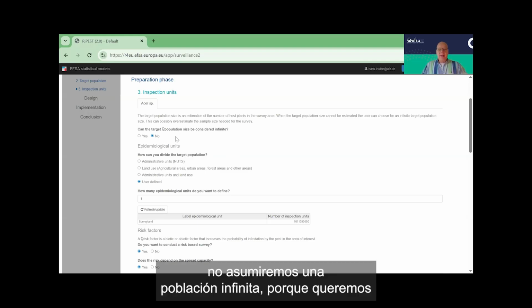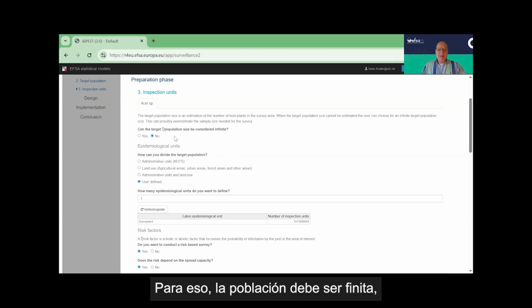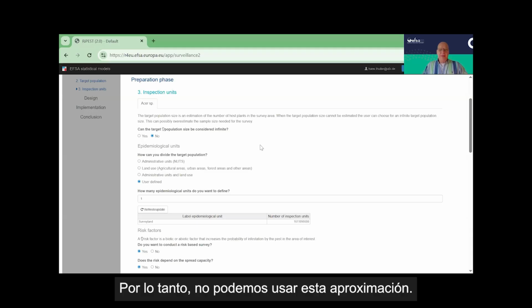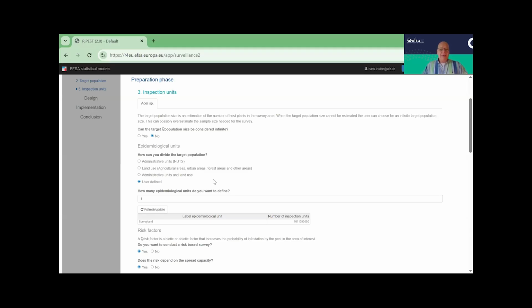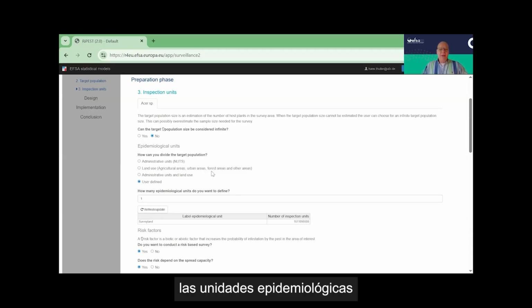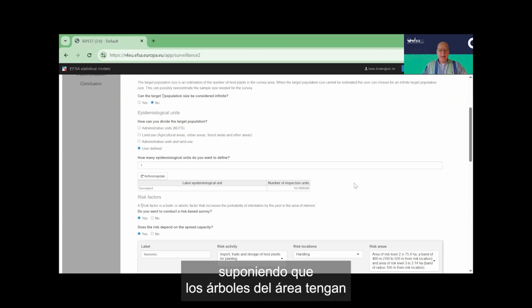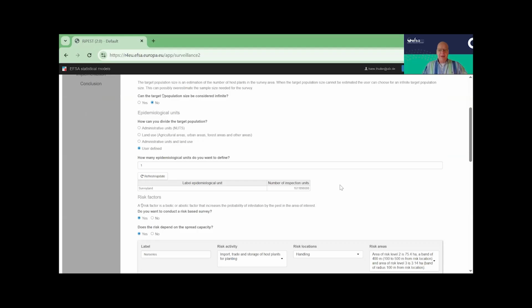We will not assume this because we want to apply risk factor calculations. For this, you cannot have an infinite population because you would not be able to determine these small percentages that we have discussed before for risk level 3 and risk level 2. Therefore, we cannot use this approximation. Then we want to specify the epidemiological unit, as we have discussed this with the target population. We choose one epidemiological unit, assuming all the trees under the same management condition in Surveyland.